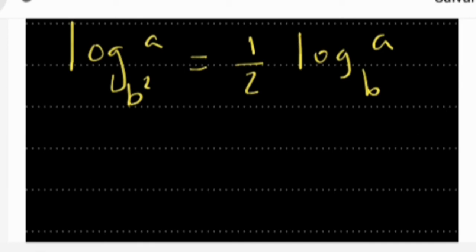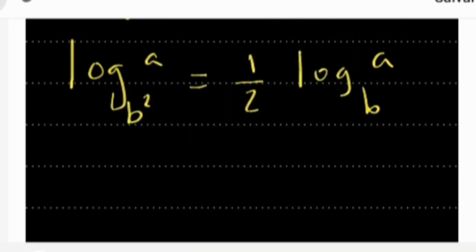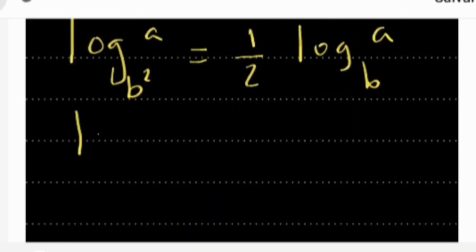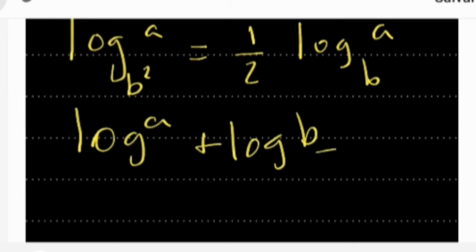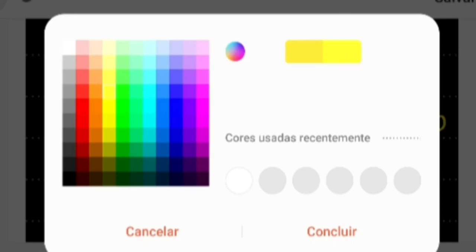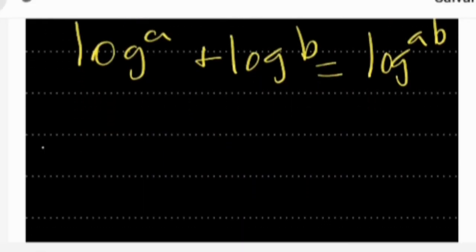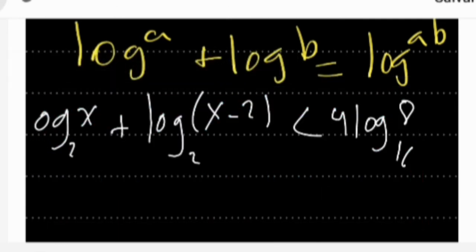If you're trying to solve a logarithm question, you need to remember these properties, like log of a plus log of b, both in the same base, is log of a multiplied by b. You need to remember this stuff.